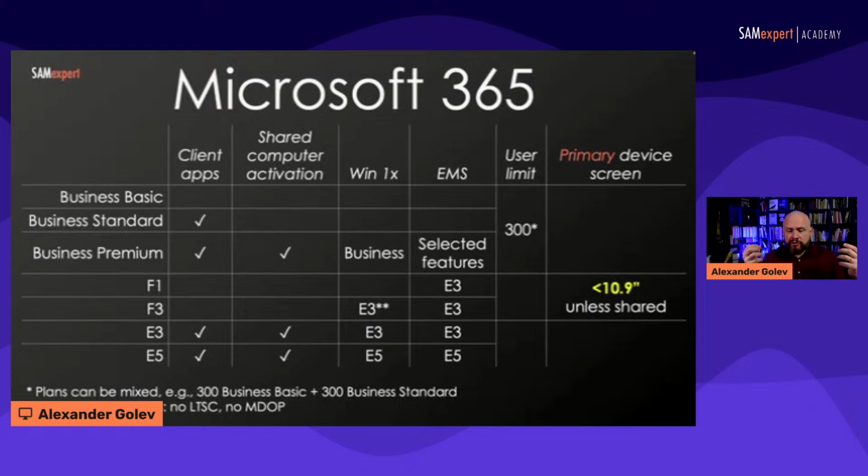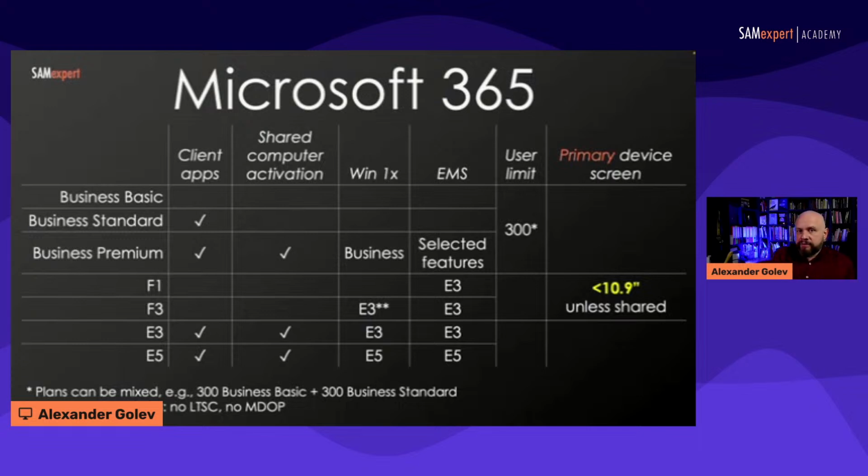And you want your users to have an ability to log in using remote desktop to that server. You must activate those applications with so-called shared computer activation. Shared computer activation is only available in Business Premium, E3 and E5, and again, academic plans A3 and A5 as well.